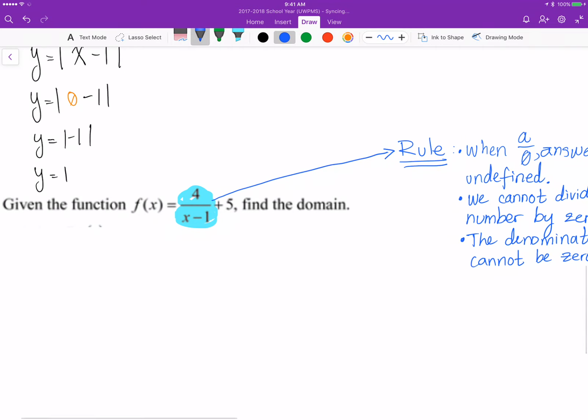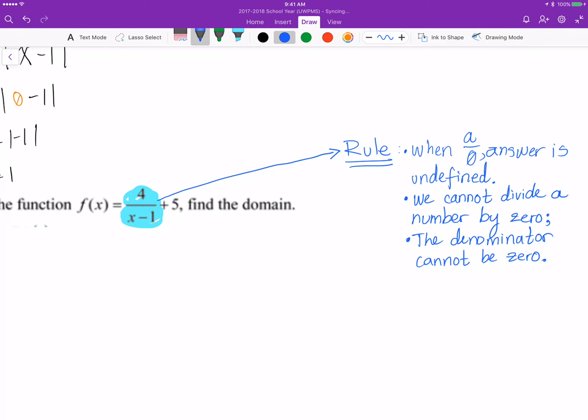Okay, that's what I'm trying to tell you. So immediately this little x has to be, or let's define it this way, cannot be 1.